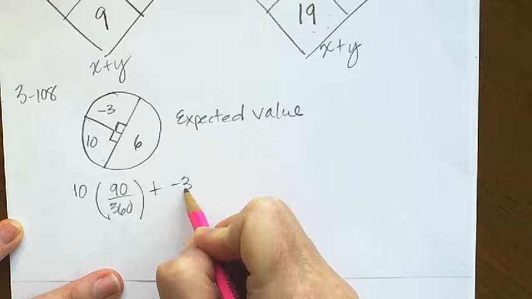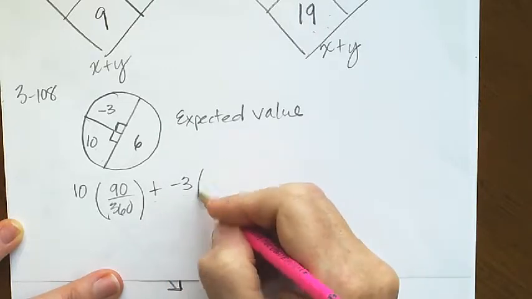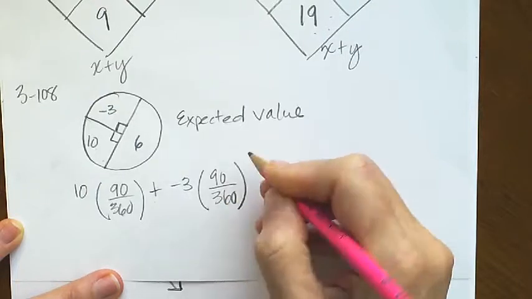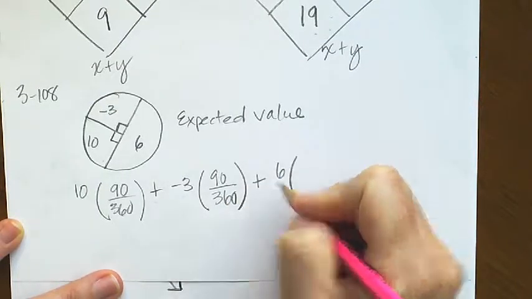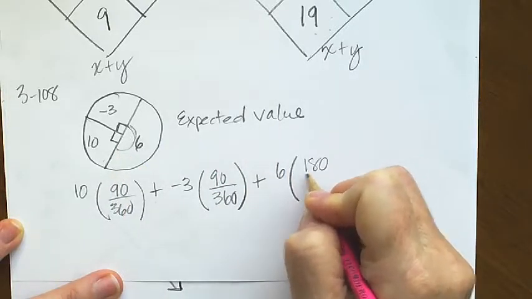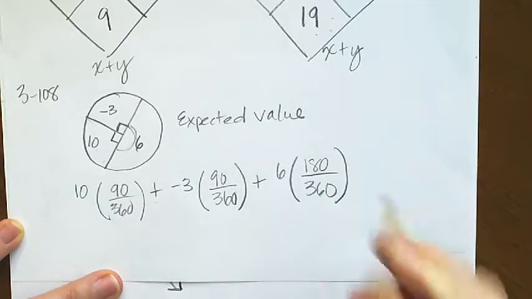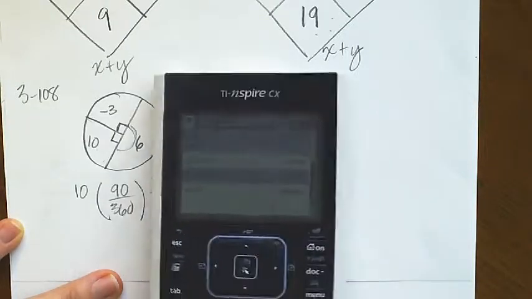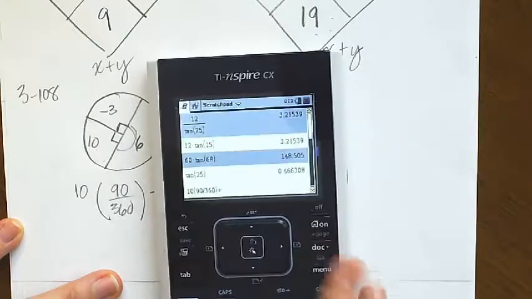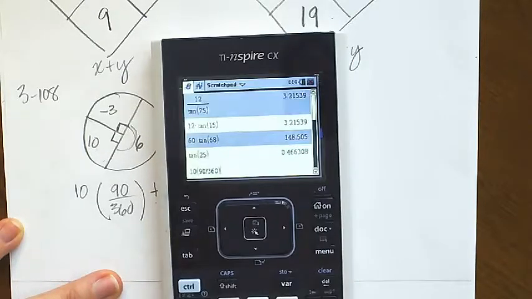Plus negative 3, or I could just say minus 3 times 90 over 360, plus 6 times, this is half a circle, so 6 times 180 over 360. And you could type all of that in the calculator at once.